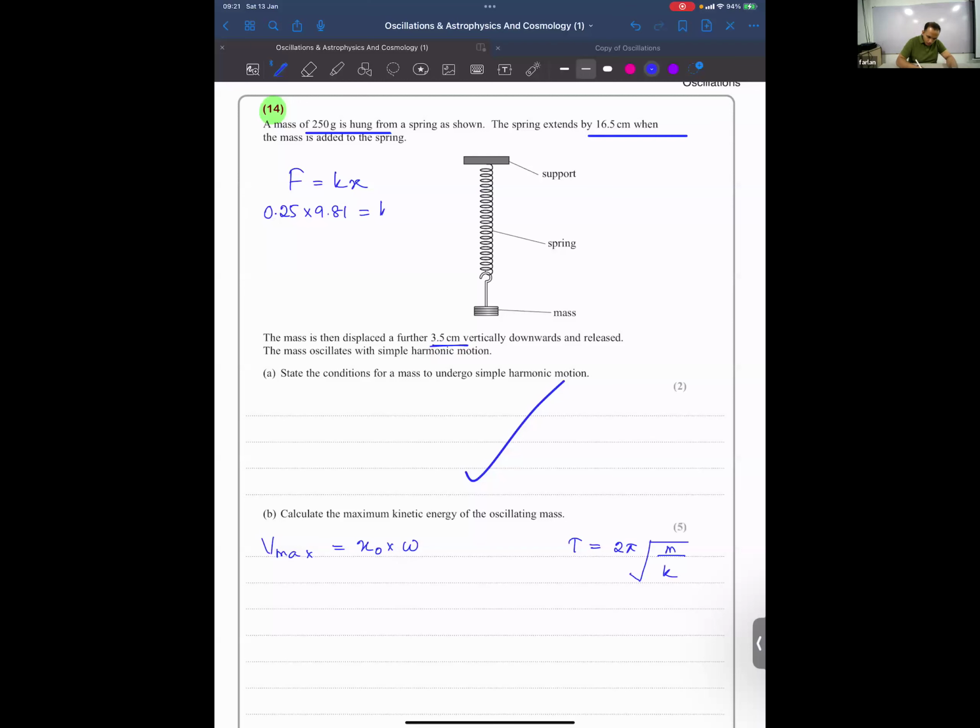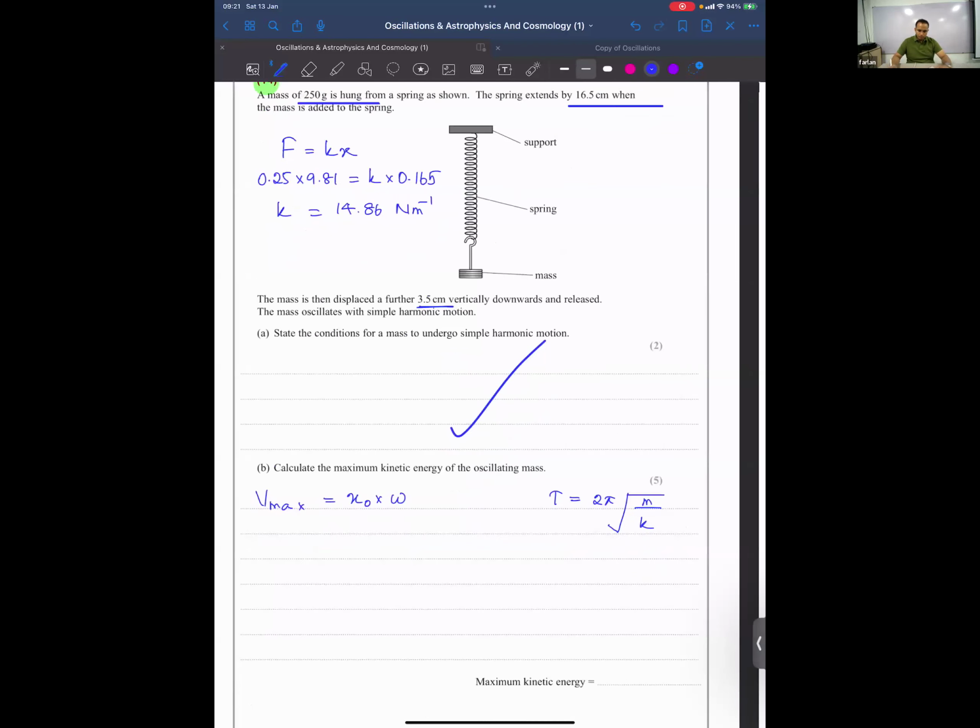That is equal to k into the extension, 0.165 in meters, 16.5 centimeters in meters. So the k is going to be 0.25 into 9.81 divided by 0.165, which is 14.86 newtons per meter. That is the k.